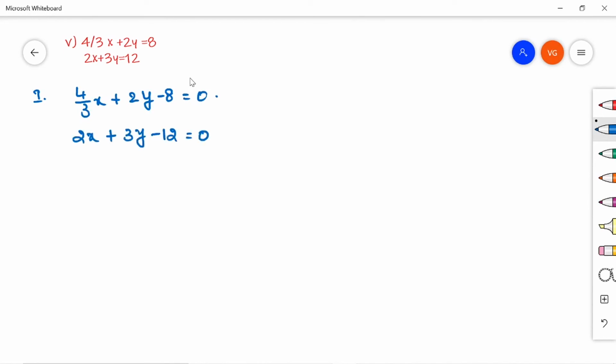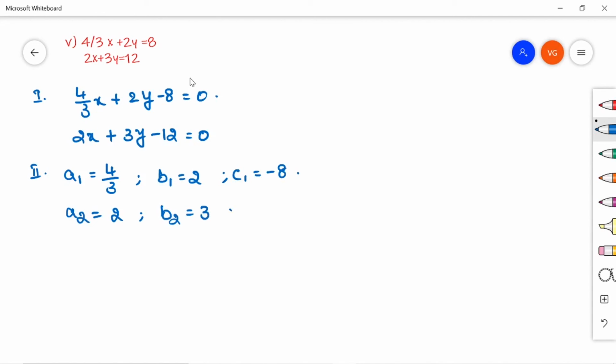These two are now in the form a1x plus b1y plus c1 is equal to 0. Now write down the given data. a1 is equal to 4 by 3, b1 is equal to 2, c1 is equal to minus 8. Then a2 is equal to 2, b2 is equal to 3 and c2 is equal to minus 12.